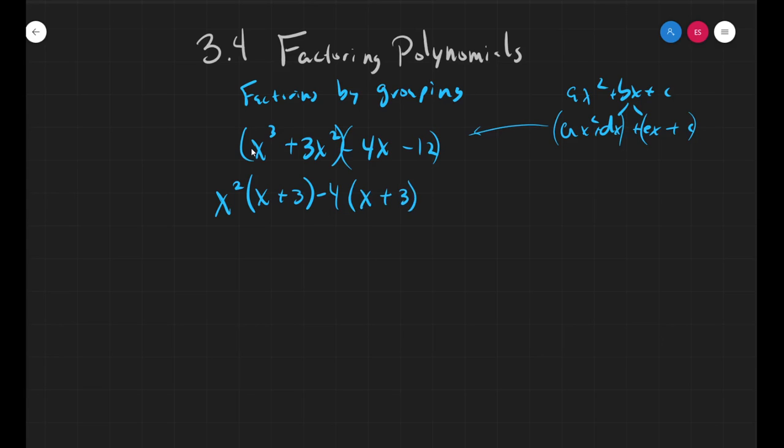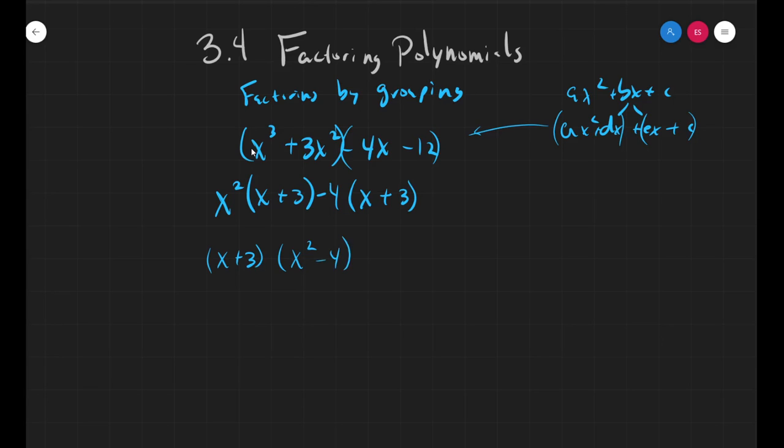Now, since this parentheses is the exact same as this parentheses, we can continue. If we do this and this parentheses is not the exact same thing here, we'll have to take a different path, and we'll talk about what that is later. But if it works, then that's great. So we can factor out x plus 3, leaving us with x squared minus 4.